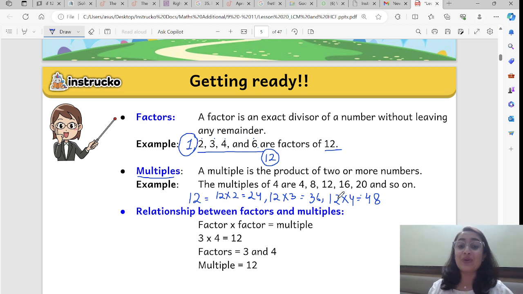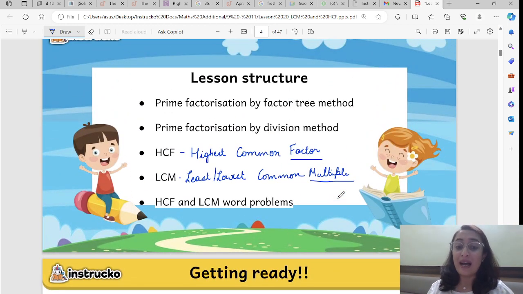Now the thing to notice here is that this is why we calculate the highest common factor, because the number of factors is limited. If I give you two numbers and the factors of both numbers are given to you, you can quickly see and tell me which common factor is the highest, right?